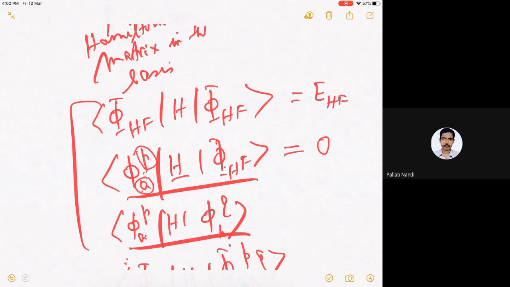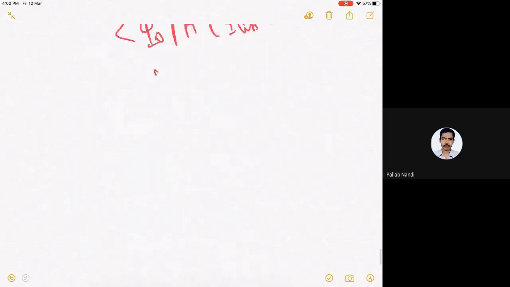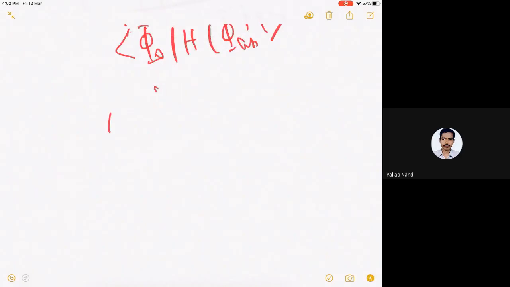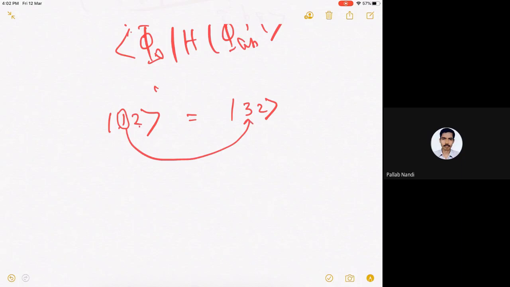I'm now discussing the construction of a determinant. Let's say I have a 2 electron determinant 1, 2. I replace 1, 2 by 3, 2. This is a singly excited determinant. Because the electrons were in orbitals 1 and 2, now one of the electrons which was in orbital 1 has gone to orbital 3. So my determinant is orbital 3, 2. Orbital 1 is now vacant.